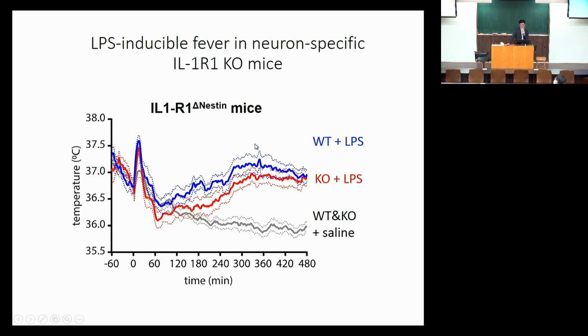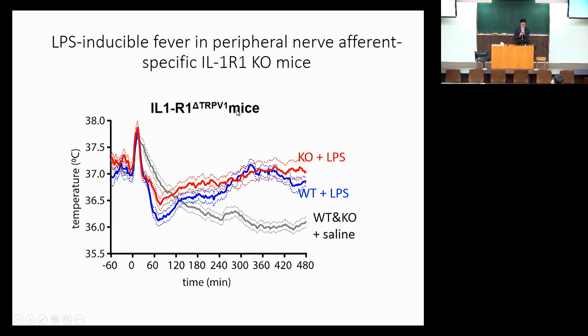It means the IL-1 receptor 1 in neurons doesn't play a role in LPS-induced fever. And then I also checked the second story with afferent-specific IL-1 receptor knockout mice.